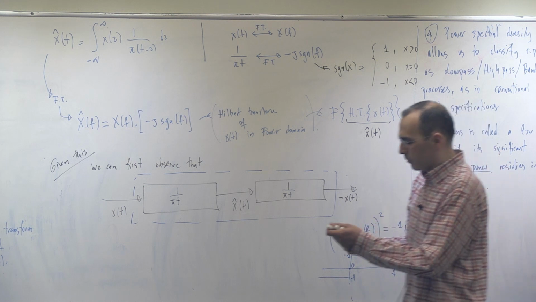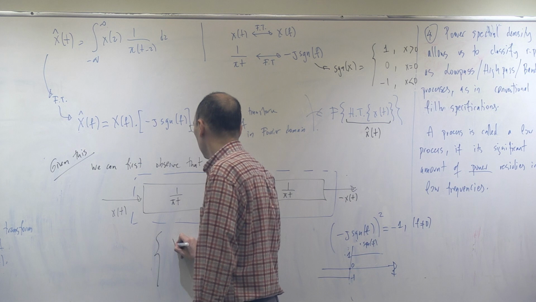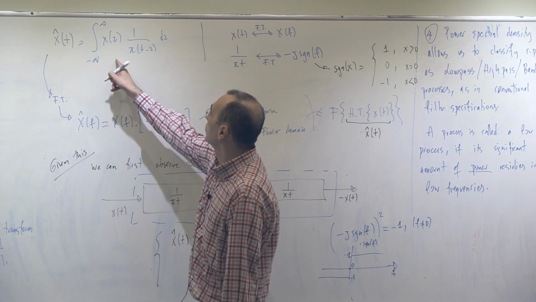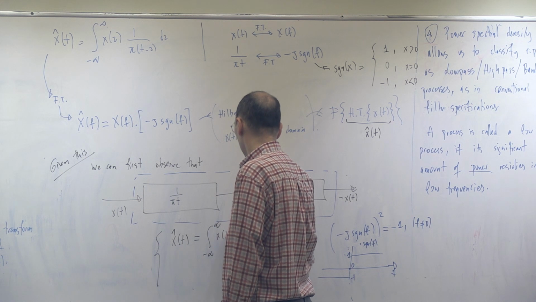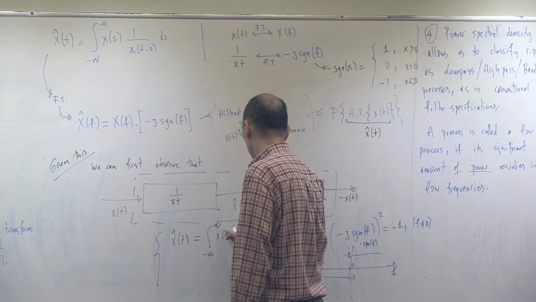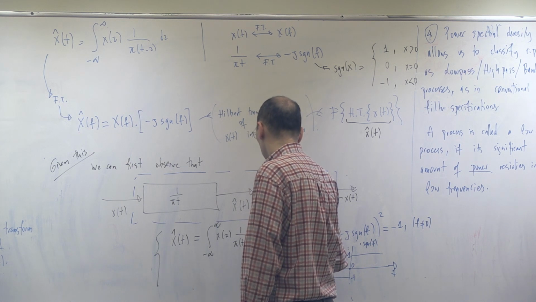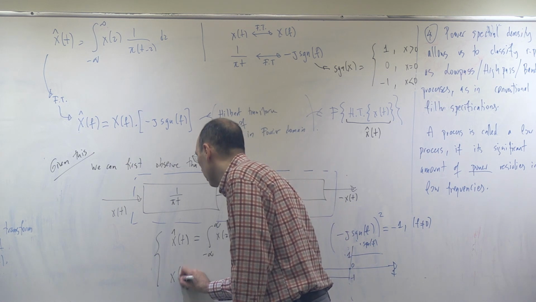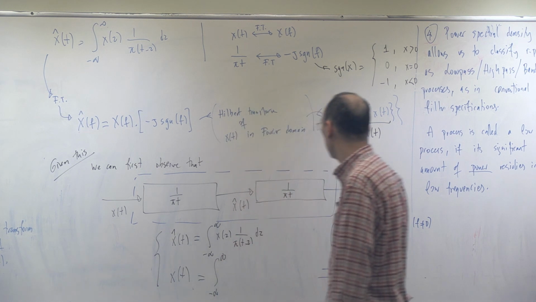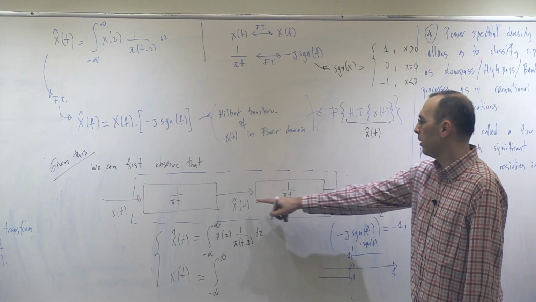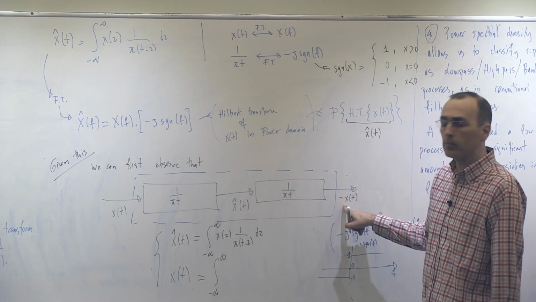Now I think we are done, because what we see is the Hilbert transform, x hat of t, the integral of x of tau, t minus tau, d tau, and the inverse of it. So what is the inverse of it? If I multiply this one by minus 1, then I get x of t back, okay?